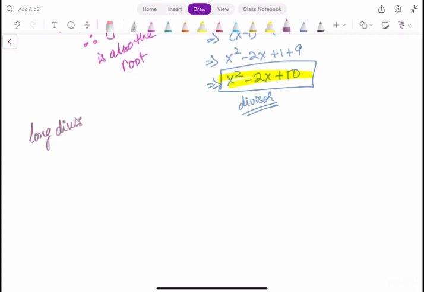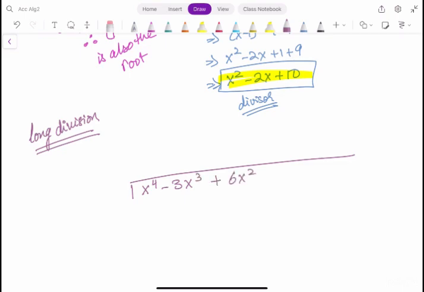let's do long division. These problems, they are a little bit lengthy. So we will write the f of x function inside the house. And then divisor outside.